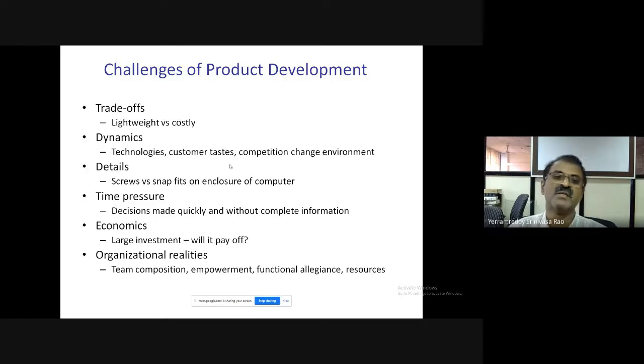It's a challenge, right? Then the dynamics, that is about the various technologies coming into the market. And I was telling you about those very minute details, time, economics, right? And organizational realities. That is your industry and its licensing part, and your team, the workforce. So these are all various stages.